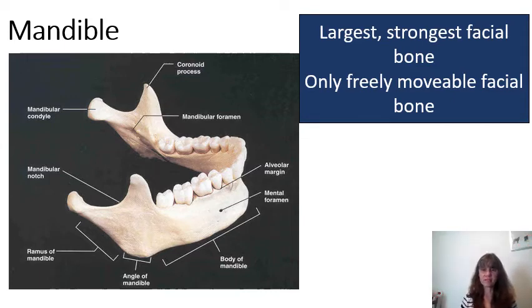A ramus means an arm-like or branch-like extension. The body of the mandible is from about here, okay, from here to here. That's the body of the mandible. It's the anterior portion of the mandible.